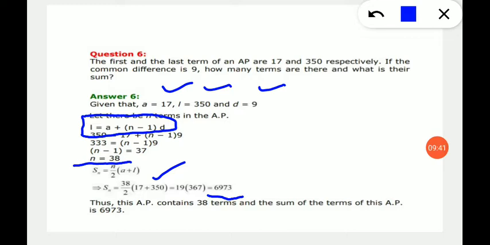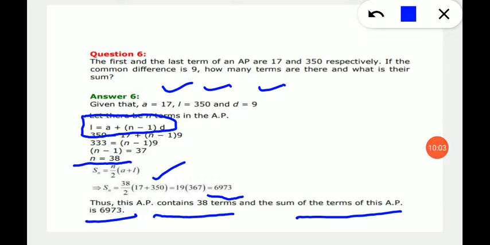Hence we got our answer that AP contains 38 terms and sum of the terms of this AP is 6,973. Remember students, since the question is a word problem, we also have to give the answer in the form of words only.